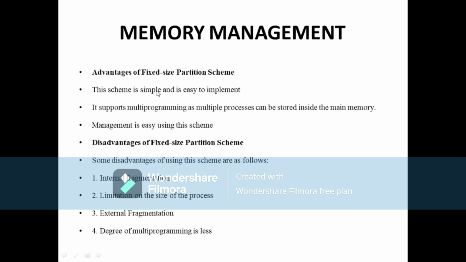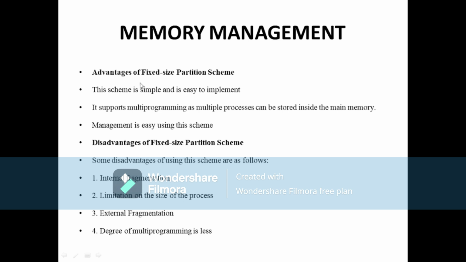Let us see the advantages of a fixed size partition. This is very simple and easy to implement. Of course, it supports multi-programming. Now, what do we mean by multi-programming? It simply means that it is possible to copy more than one program or process in our RAM. How many processes are present in the RAM is known as the degree of multi-programming.